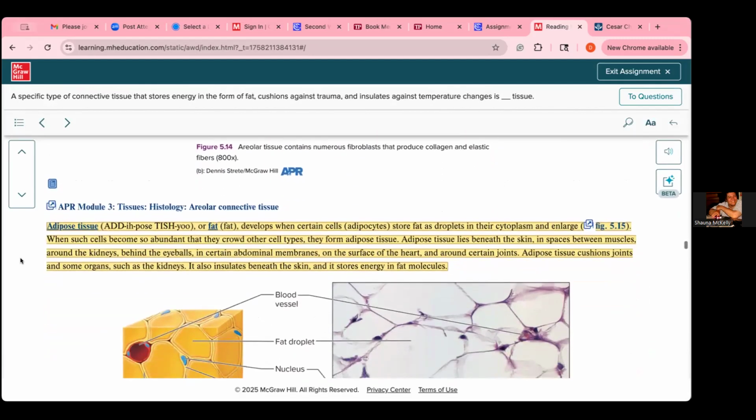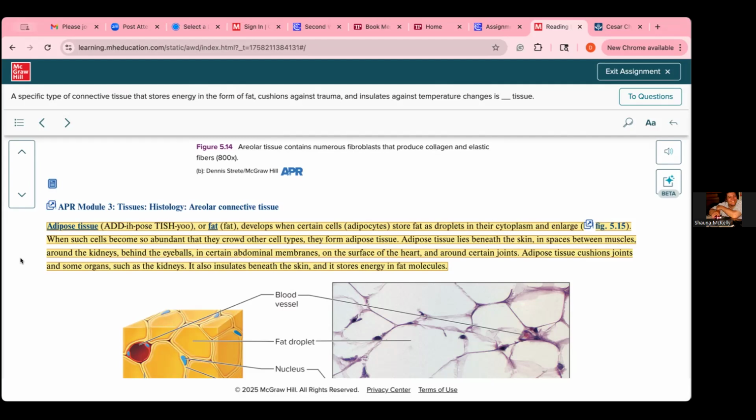Okay. Adipose tissue develops when certain cells, called adipocytes, store fat as droplets in their cytoplasm and enlarge. When cells become so abundant that they crowd other cell types, they form adipose tissue. Adipose tissue lies beneath the skin, in spaces between muscles, around the kidneys, behind the eyeballs, in certain abdominal membranes, on the surface of the heart, and around certain joints.